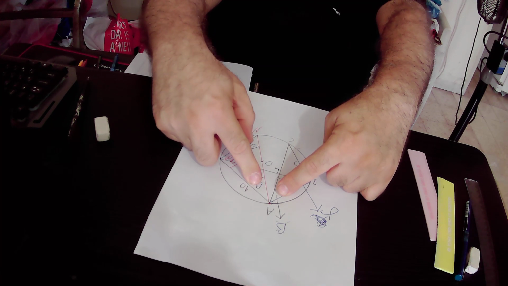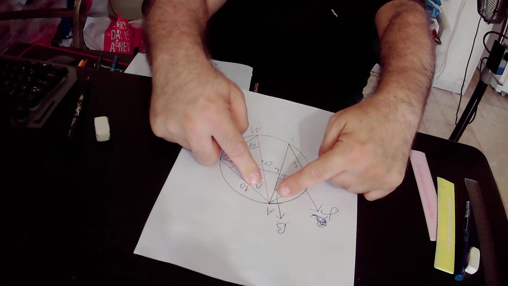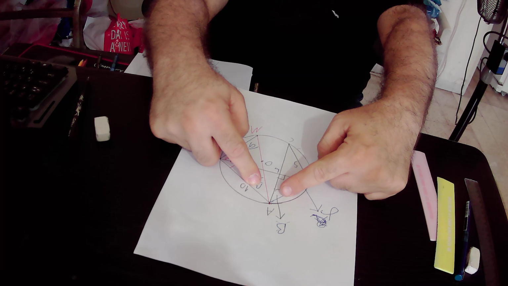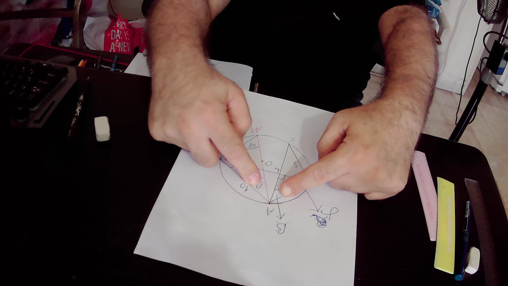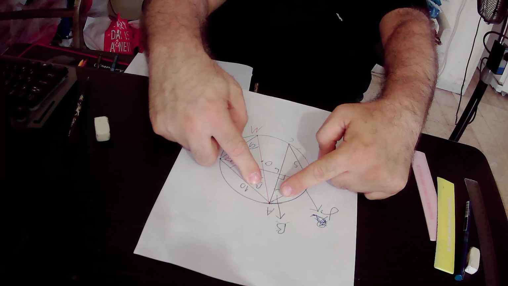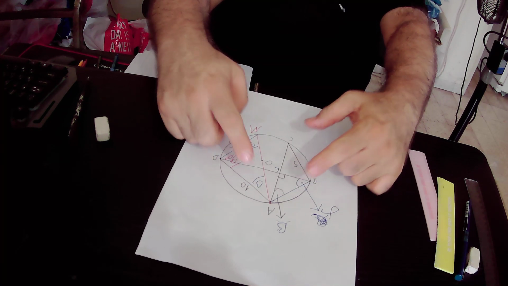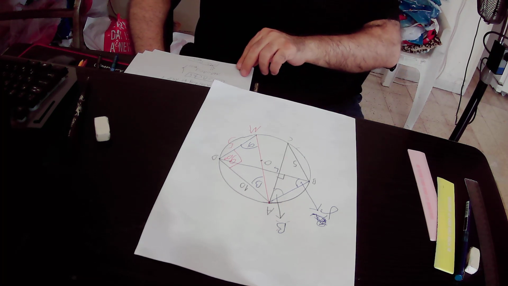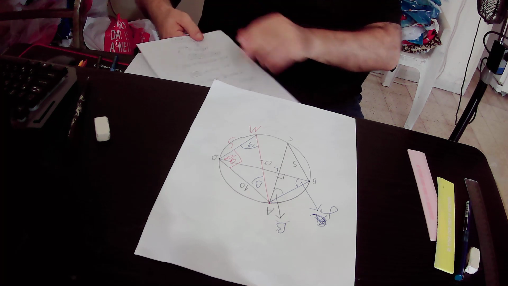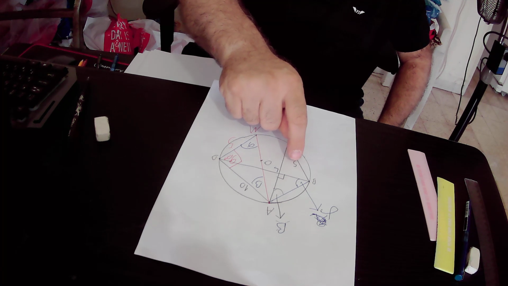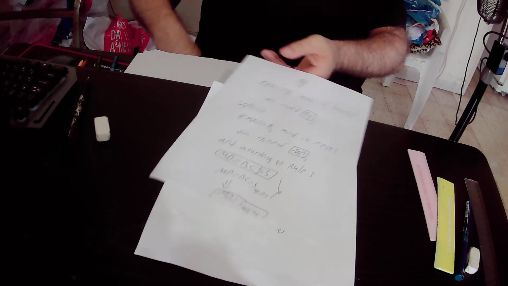Angle MAD rests on chord MD and angle BAC rests on chord BC. And according to rule number 3, they rest on equal chords. So MD equals BC. Okay? MD equals BC according to rule number 3. So we know that MD equals BC, but it is given in the question that BC equals 5 units.